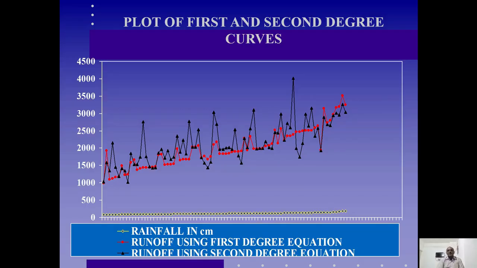These are the plots of the first degree curve and the second degree curve for 80 years. The runoff is on the ordinate and rainfall is on the abscissa. The red color indicates the runoff using the first degree equation, and the black color indicates the runoffs obtained by using the second degree equation.